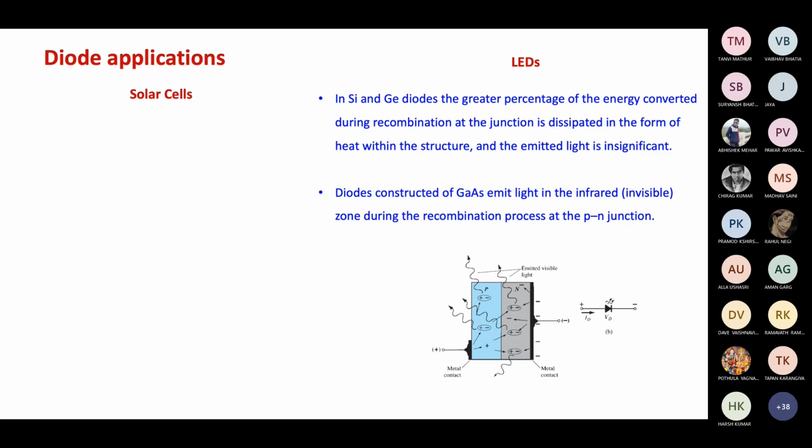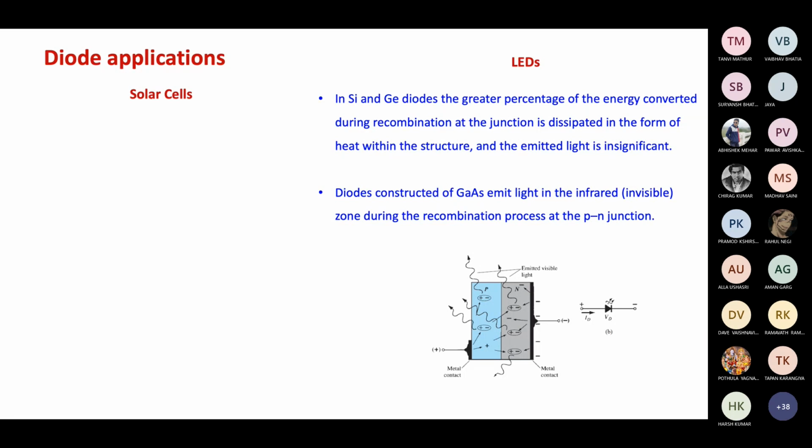So we cannot underestimate the importance of LEDs in our modern day appliances. It is used everywhere: in displays, mobile phones, TVs, laptops, computers. It is used in lighting, so almost the entire world, or a large part of it, is now lit with LED lights.